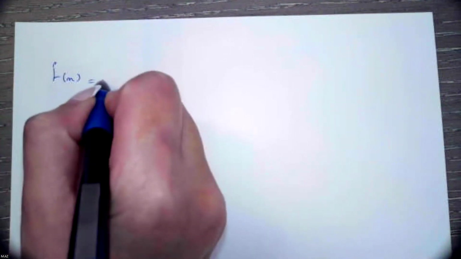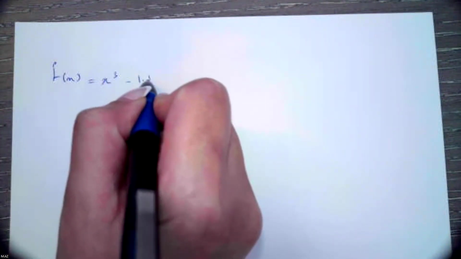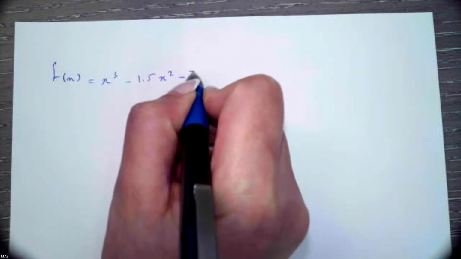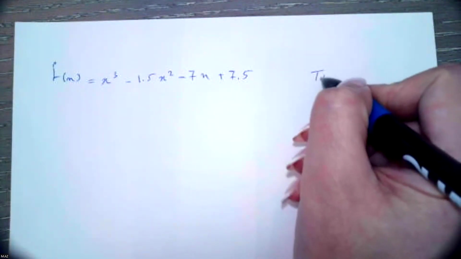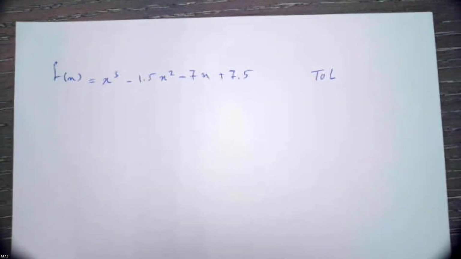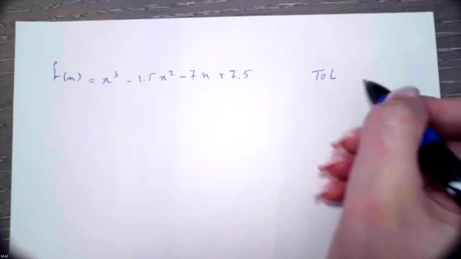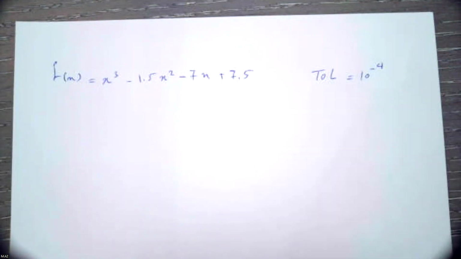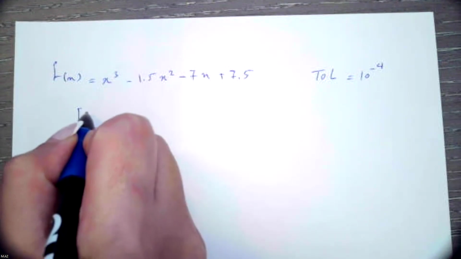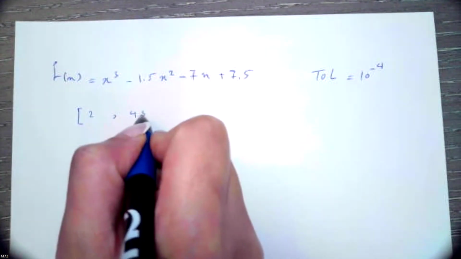This is the function f of x equals x cubed. The tolerance for residual and iterative convergence is given as 10 to the minus 4. The bracket is given as 2 to 4.5.